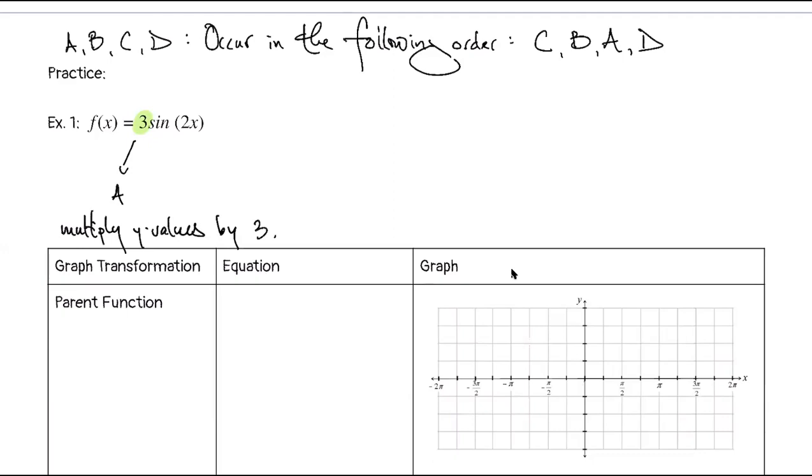Before we do that, because A is towards the end, what we are gonna do is take a look at this 2, okay? So which letter is the 2? Is that an A, B, C, or D?